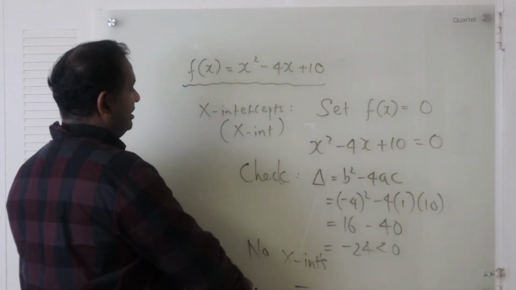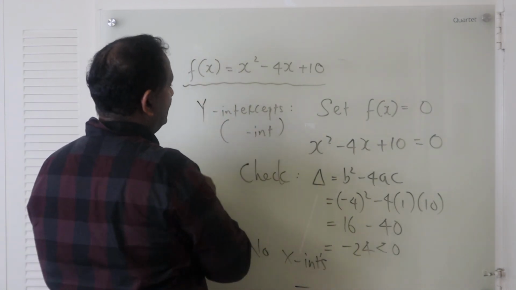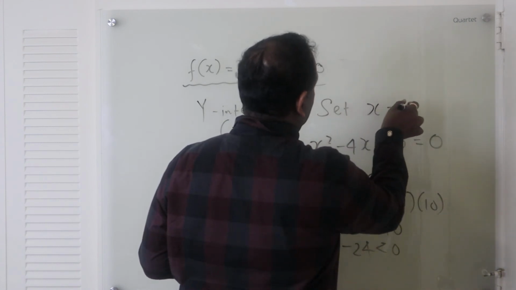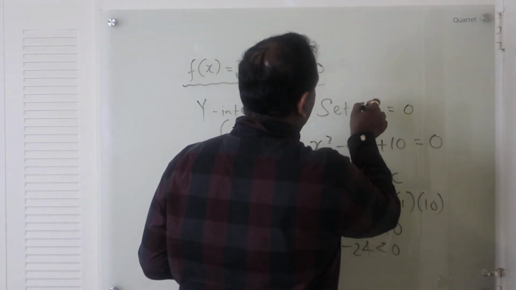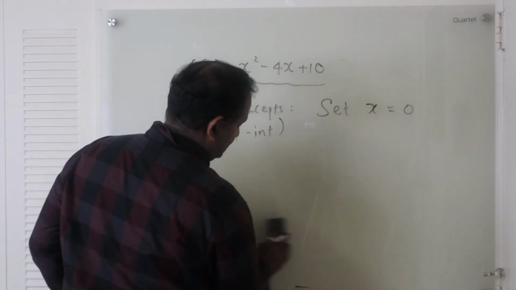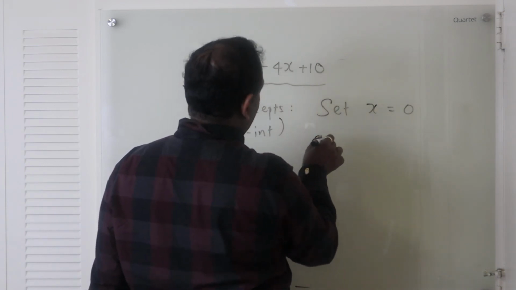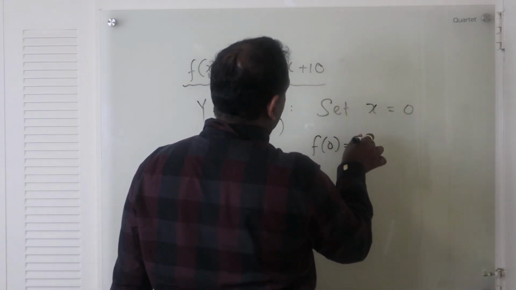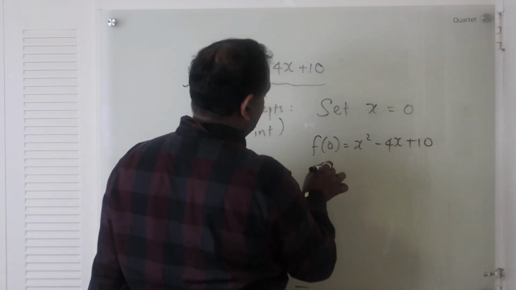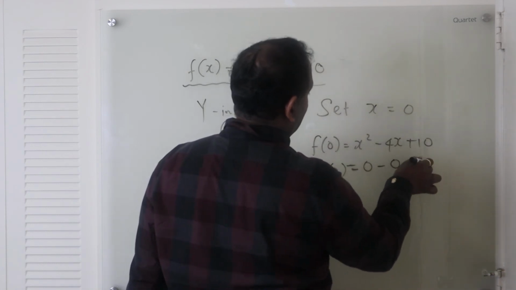Good. Then let's go to the y-intercept. In order to find the y-int, set x equals 0. f of 0 equals 0 squared is 0, this is 0, it's 10.